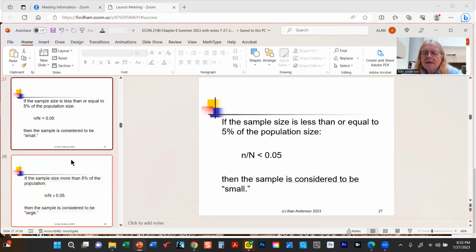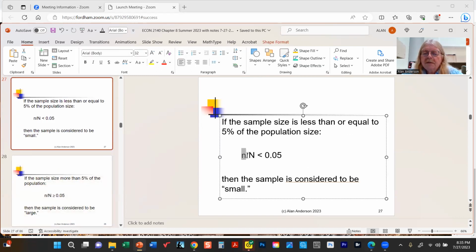And what we're going to try to do is show that the ratio of these two is what determines what to do about the moments of X bar. Not the mean, but the standard deviation and the variance. So here we're going to think of small and large in terms of what proportion of the population is in each sample. If the samples are huge, then we have a large sample. If they're small, we have a small sample. And the cutoff point between large and small is 5%.